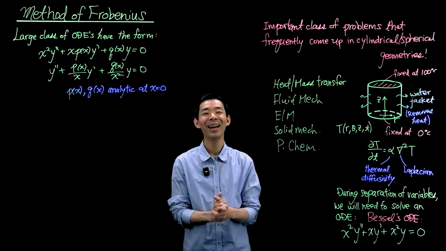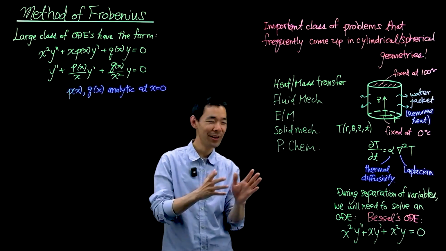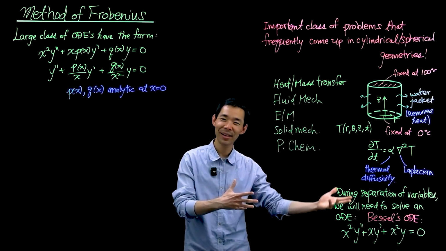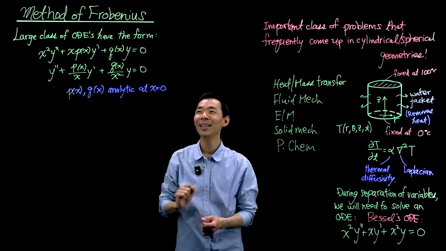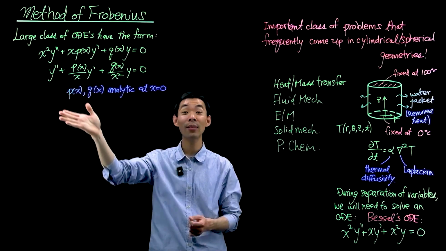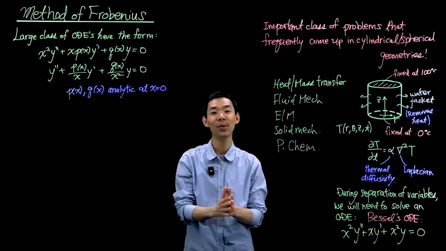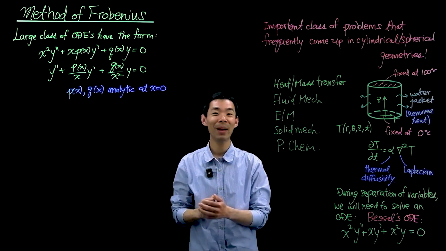All right. Now that we have a little bit of motivation of where in science and engineering we might see an ODE that looks something like this, let's return to writing down the generic form of the Bessel's ODE and figuring out how we might be able to solve it.